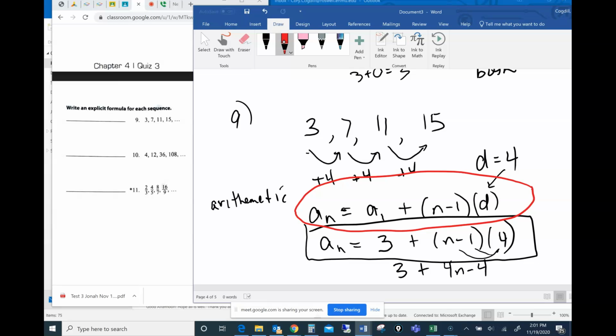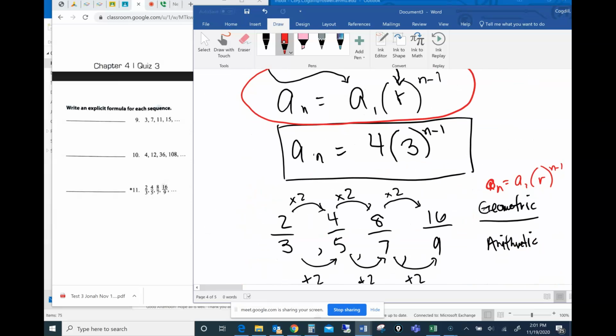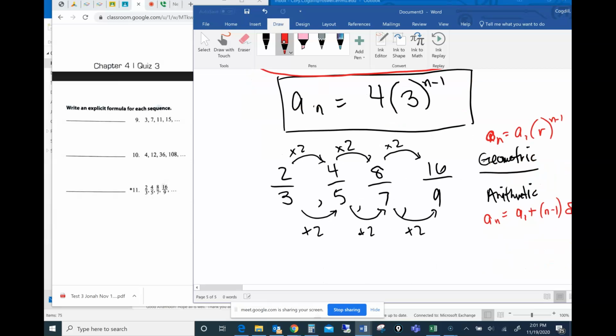Jonah, why don't you read it? a sub n equals a sub 1 plus n minus 1 times d, right? So the common difference. Can somebody read it back to me since I can't see it? Number 9. So a sub n equals a sub 1 plus n minus 1 times d. Times d, right?